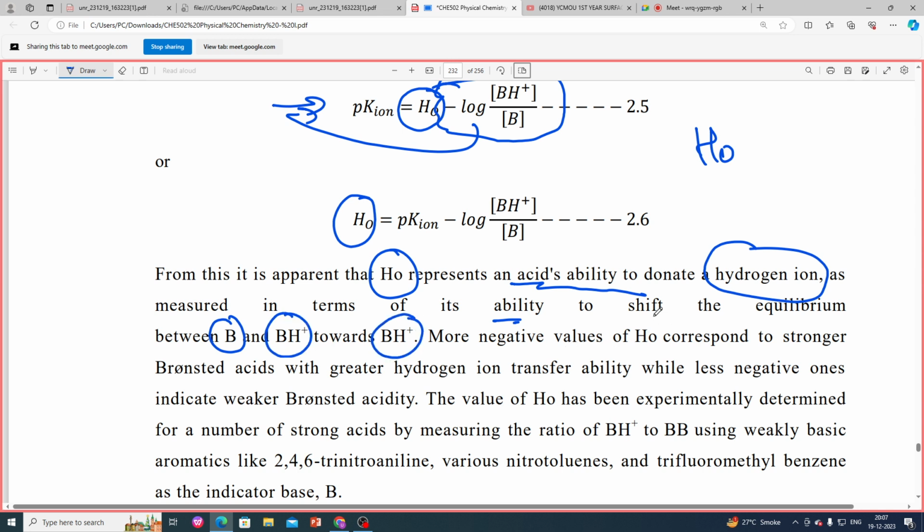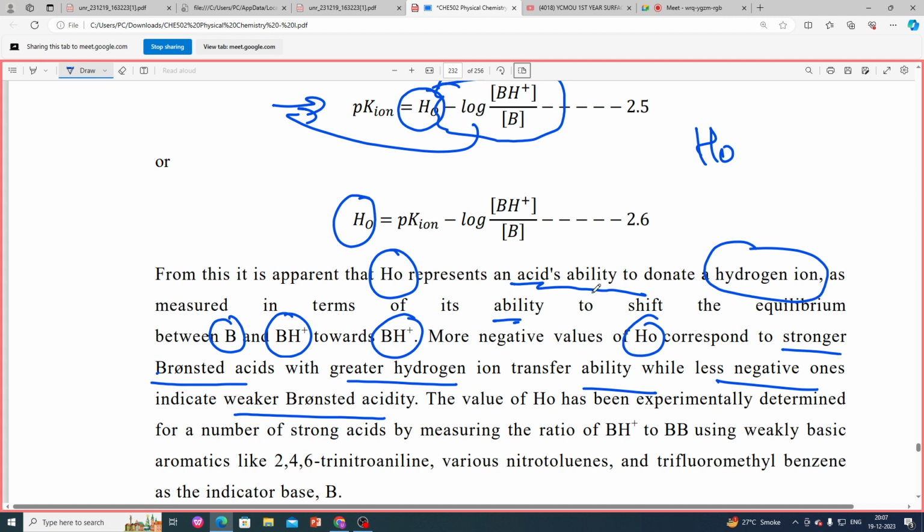More negative values of H0 correspond to a stronger Bronsted acid with a greater hydrogen ion transfer ability, while less negative ones indicate weaker Bronsted acidity. So the less negative ones we call weak Bronsted acidity, and the more negative ones we call stronger Bronsted acid capacity.